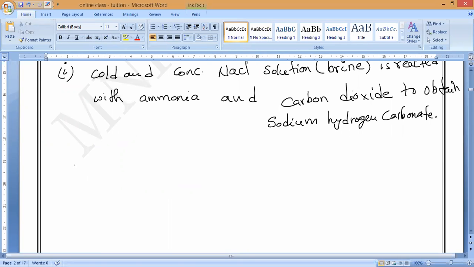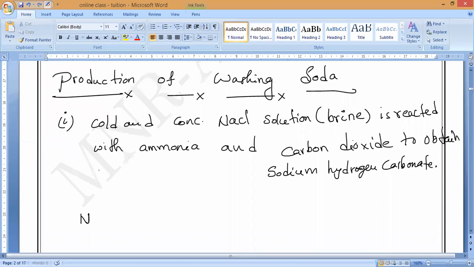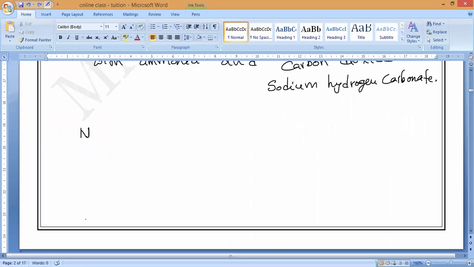On the reactant side, you have to tell me the reaction. Aqueous solution of sodium chloride, brine solution. What is the formula? NaCl. Very good. NaCl reacting with, I said what? Ammonia, NH3. If you know only in the exam, you guys can answer.